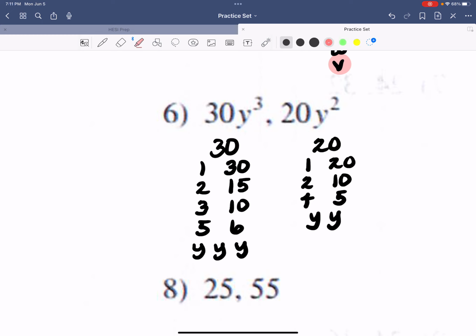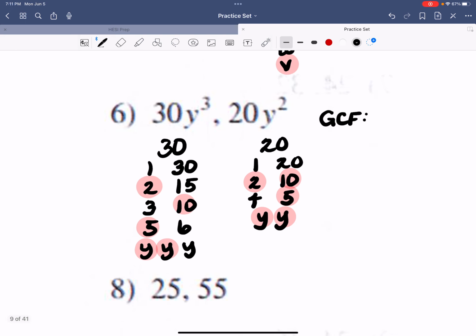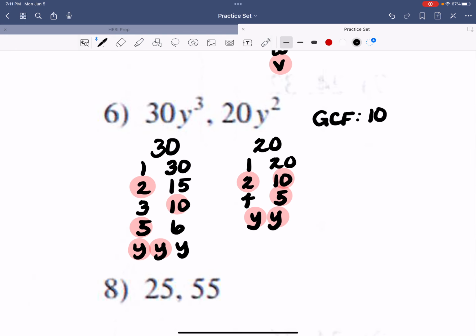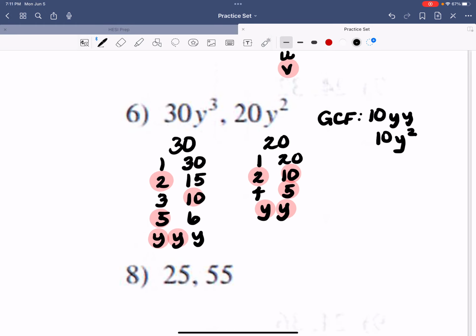Look for commonality. They both have a 2. They both have a 5. They both have a 10. They both have a y and another y. And that's all. We want the greatest common factor. So the biggest number is the 10. And then we have y. So we would write that as 10 y squared.